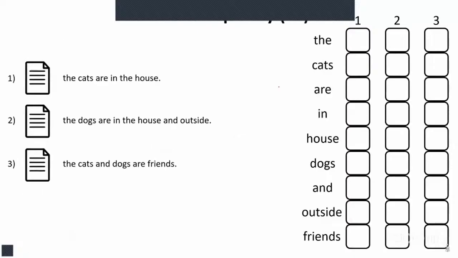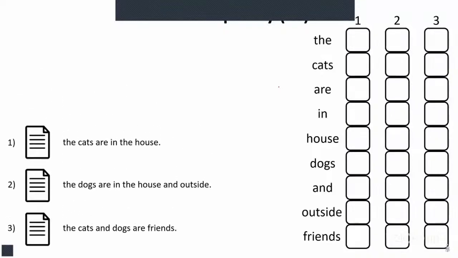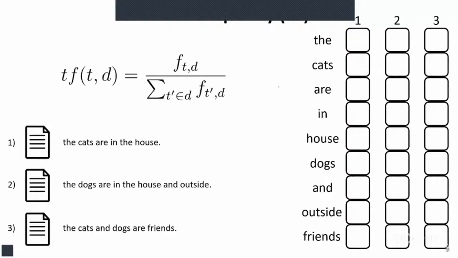The first part in the TF-IDF algorithm is to compute the term frequency of each word found in the document. You can do that using the following formula. We have the TF, the term frequency of your term in the document, and on top you have the frequency of the term in the document divided by the sum of all the words found in that document.